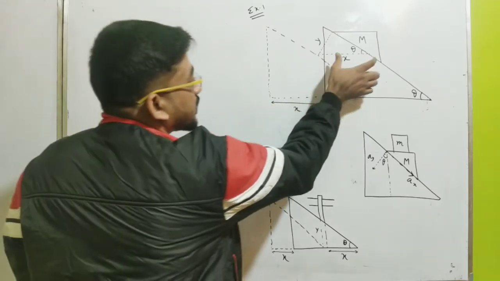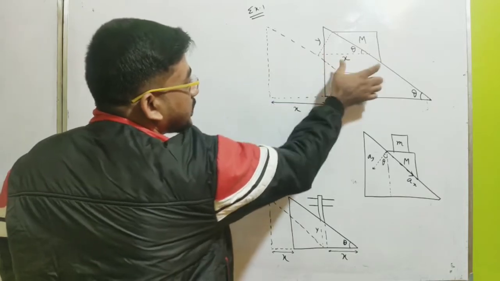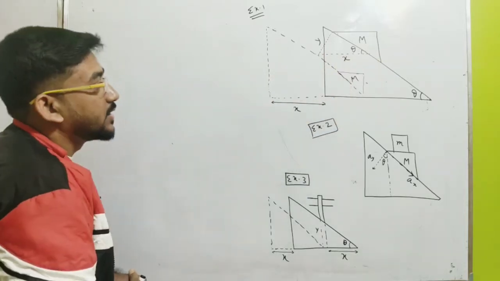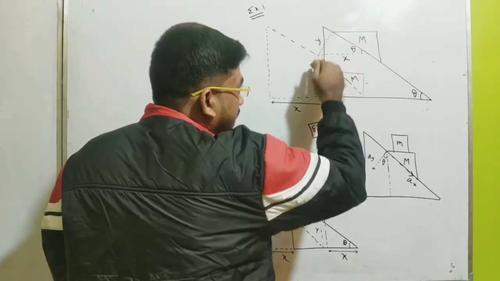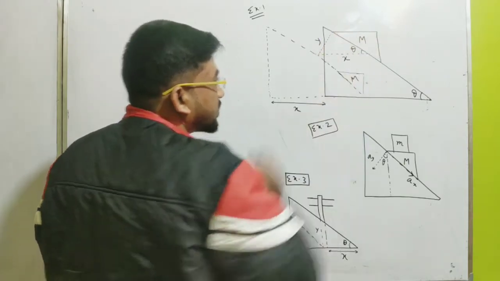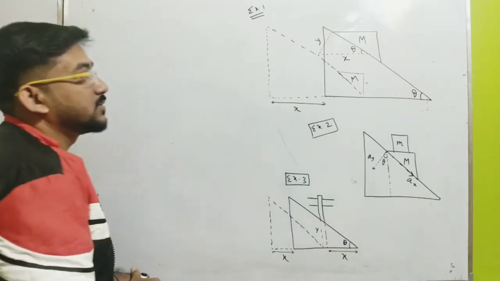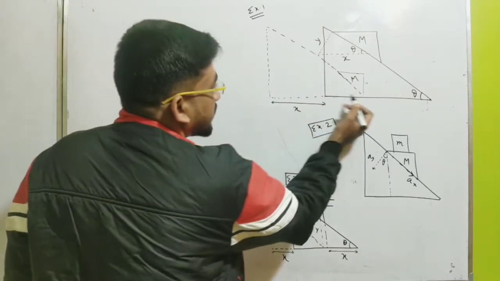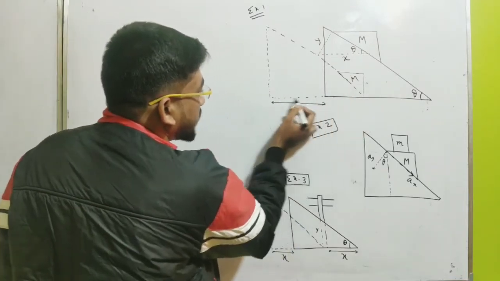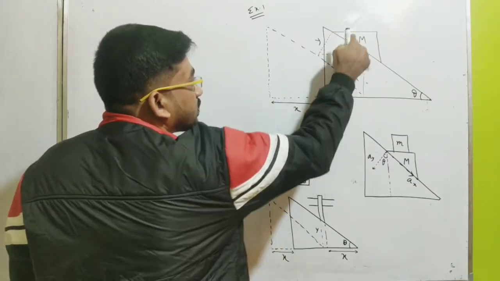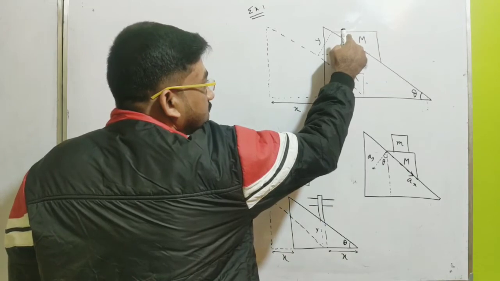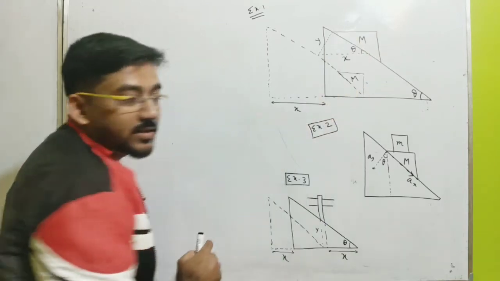So the movement of the wedge is x, and the movement of the mass along this direction is y. When the wedge moves a distance x, the object moves a distance y along this direction.